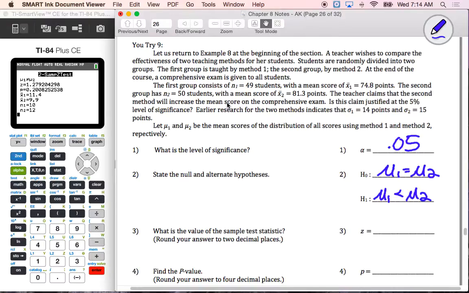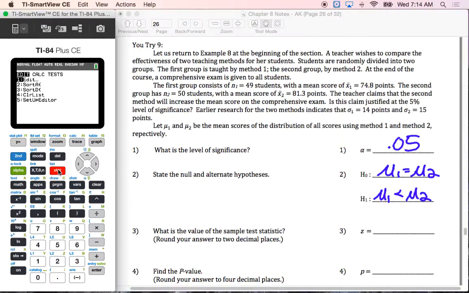Now we have our data, so we're going to go through and run our tests. So stat, test, 2 sample z-test. My sigma 1, they said, is 14. My sigma 2 is 15.